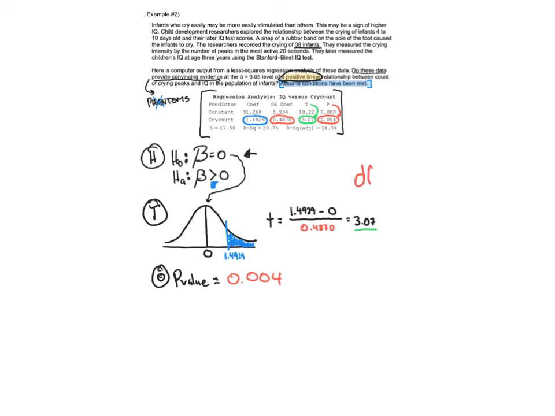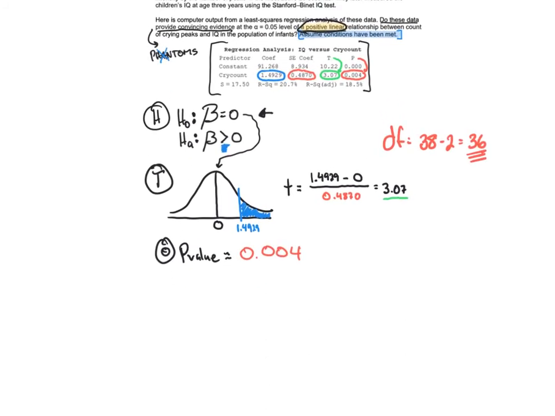Your degree of freedom is always the sample size, in this case 38, minus 2, so our degree of freedom would be 36 if we needed that to look up values and things like that. Here we have it, giving us the p-value that we need off of this thing.